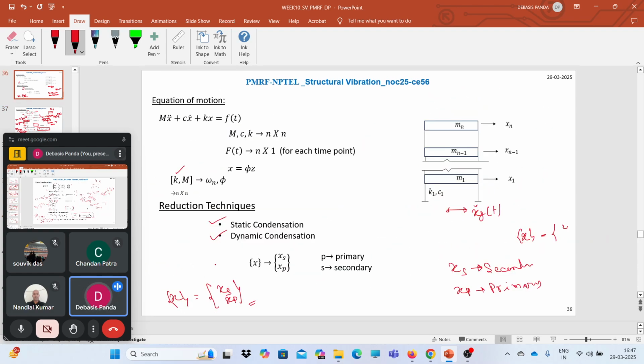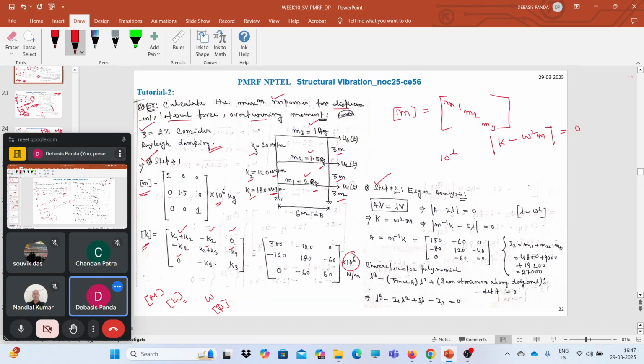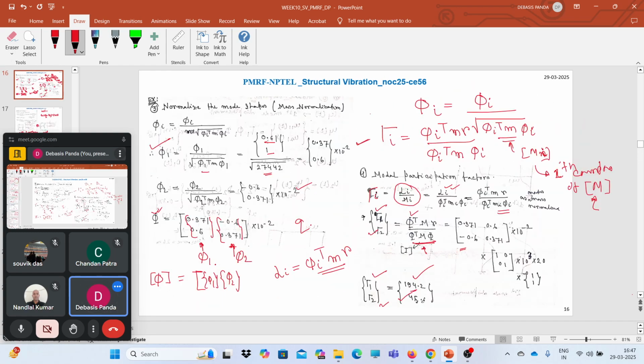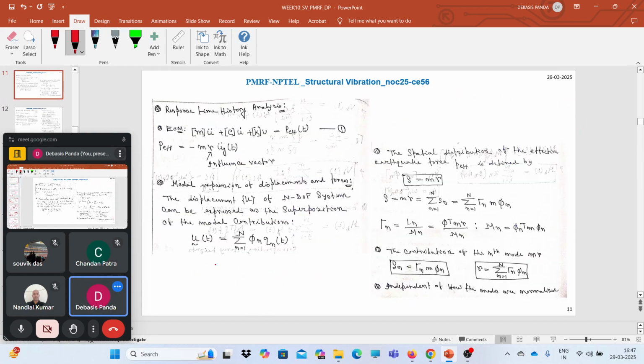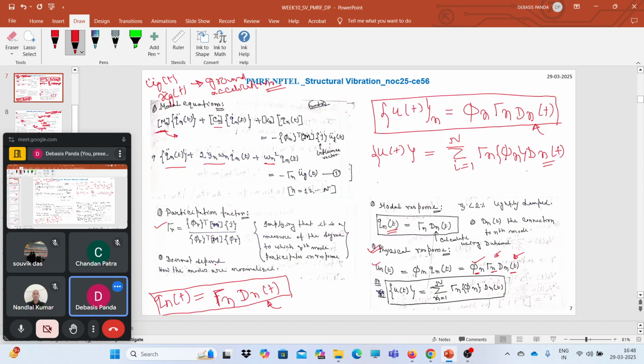So what we have solved today, let's quickly go through it, then we will close. First we have seen how to solve the response of an MDOF system under earthquake ground excitation.